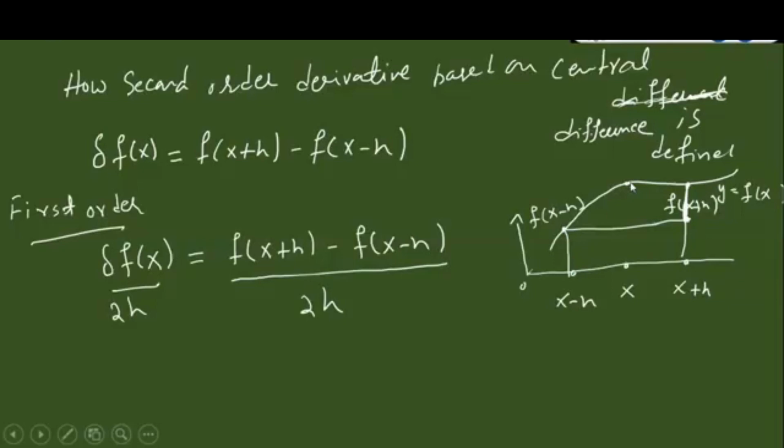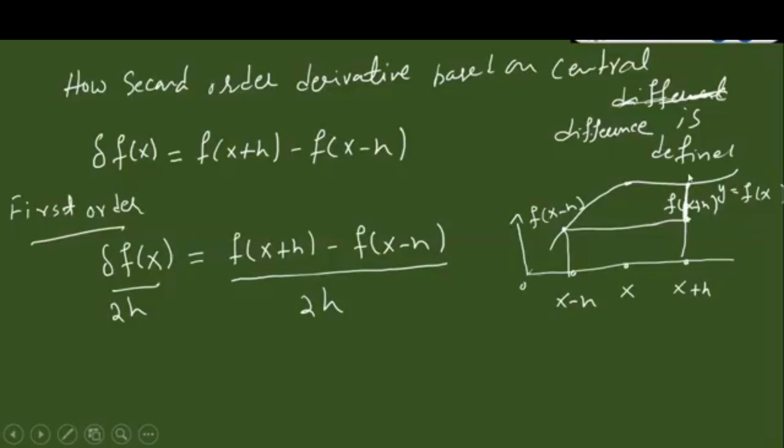But we take information not from the forward only, not from the backward only, but from forward and backward at a time. So we are computing a change at this point, but taking information from the forward value as well as from the backward value. Why? Because of the central approximation. So if I subtract this quantity by this quantity, I will get this height. And if I want to approximate this height as a derivative, I have to divide it by the separation between these 2 points.